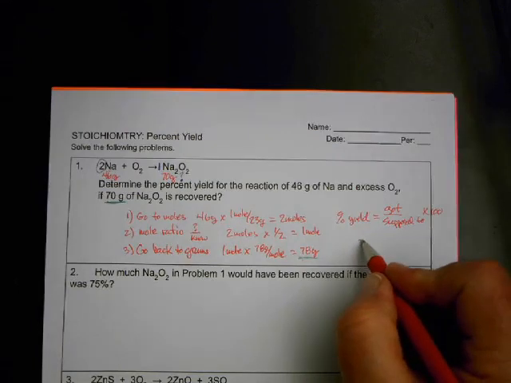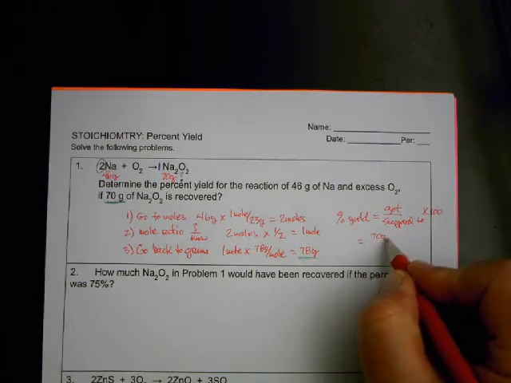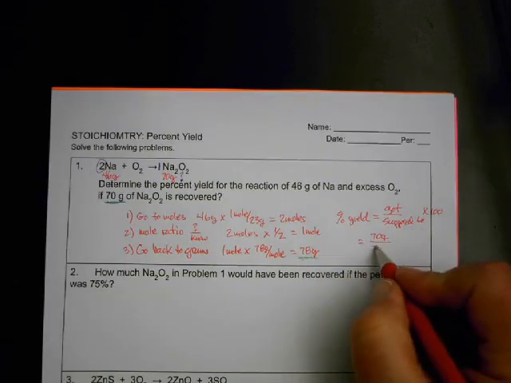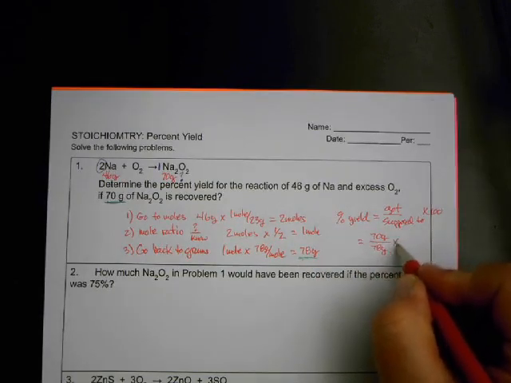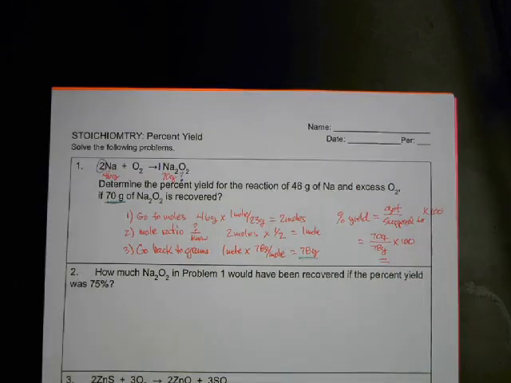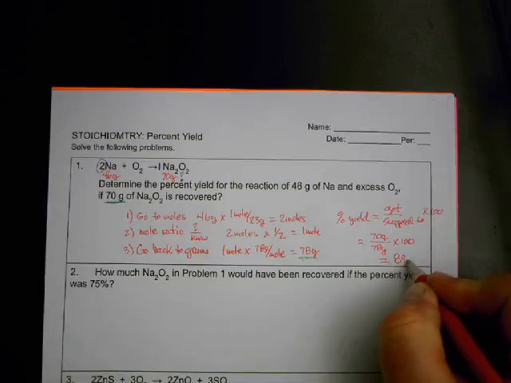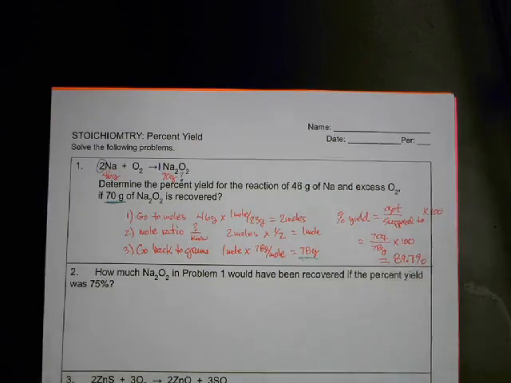Well, in this case, what we got was 70. What we were supposed to was 78. And so 70 divided by 78, and then times 100, basically 89.7%, almost 90. That would be the percent yield.